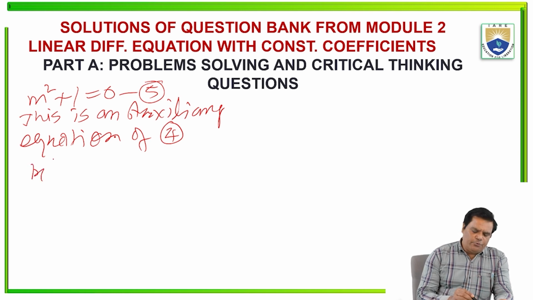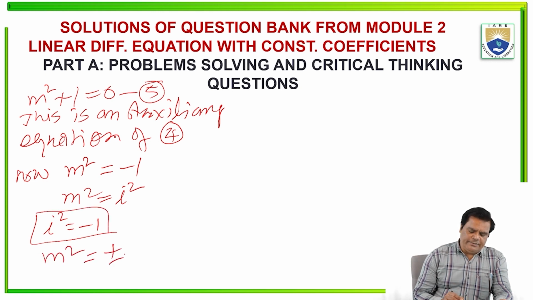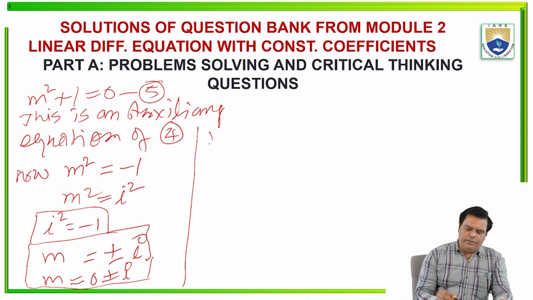Now m square equals minus 1, and m square equals i square, because i square is minus 1. So m equals plus minus i, that is, 0 plus minus i. Now m equals alpha plus minus i beta.